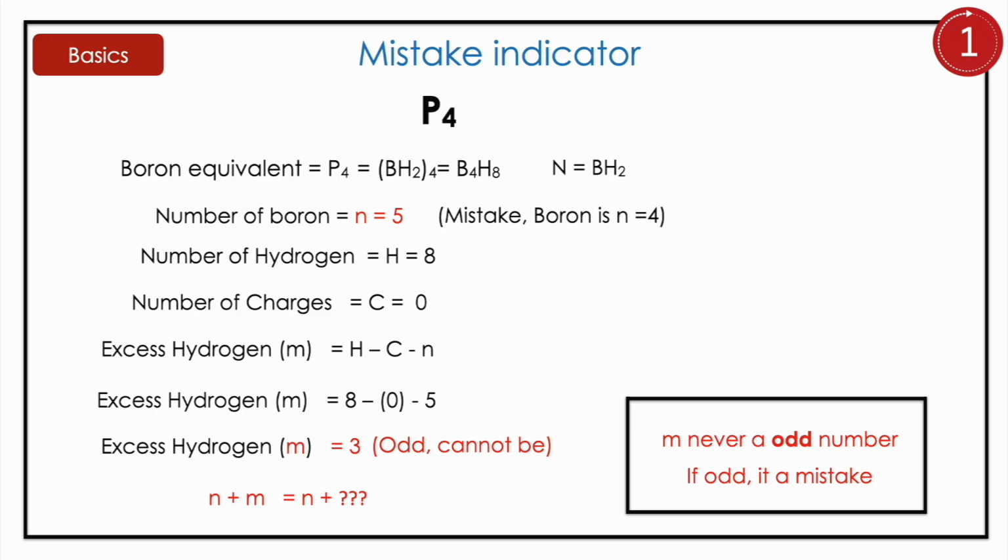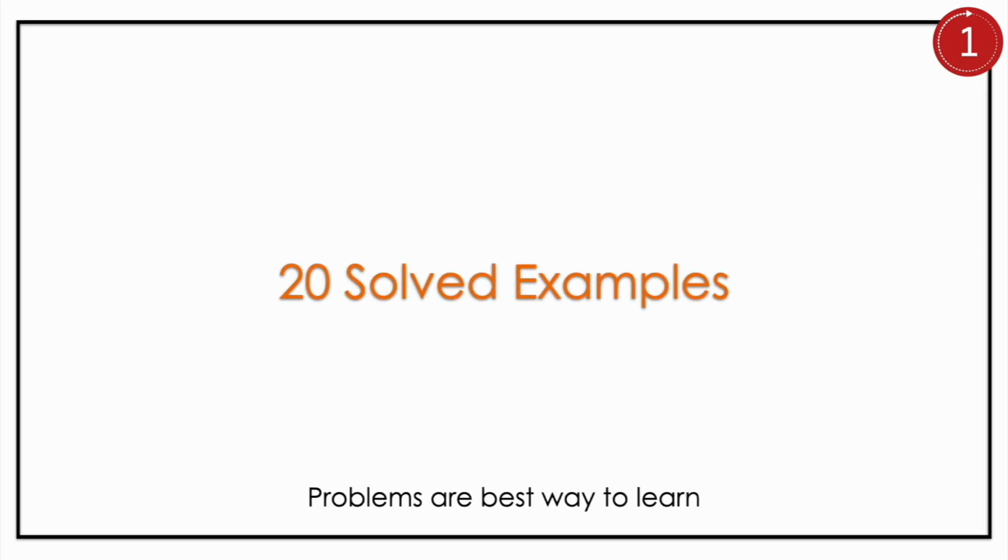M equals 3 is an odd number. It cannot be. In that way you can identify the problem. Then we are going to see 20 solved examples. Why so many? Problems are the best way to learn. It will give a different perspective.